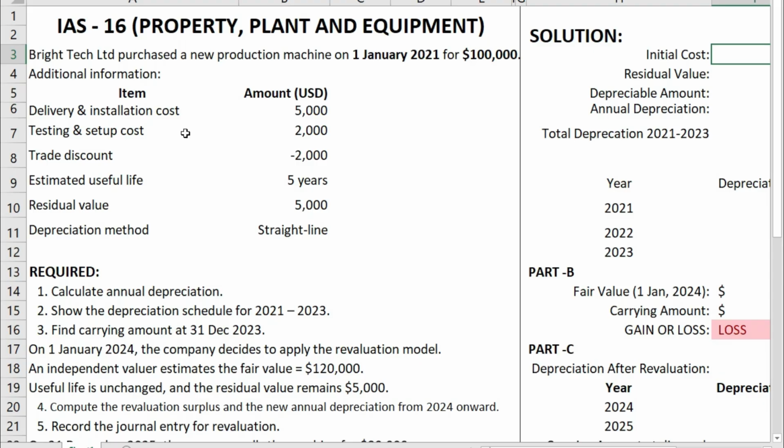So we are taking one machinery's example. The delivery and installation cost is $5,000 US.